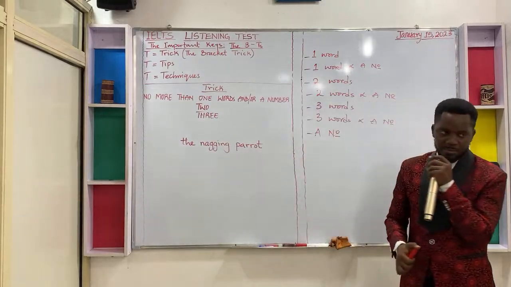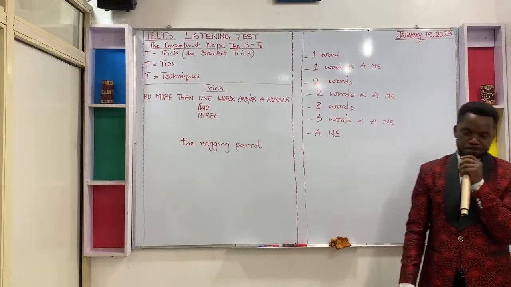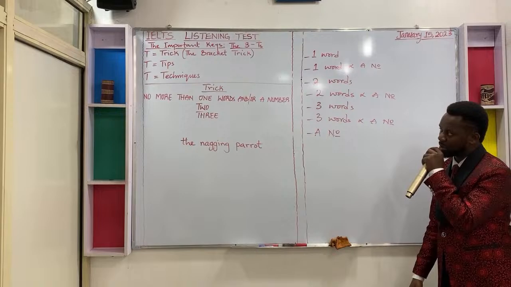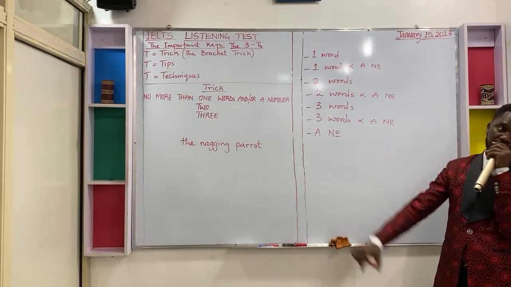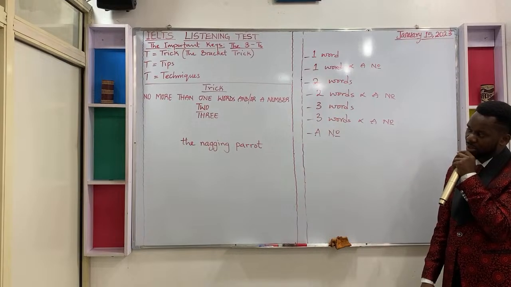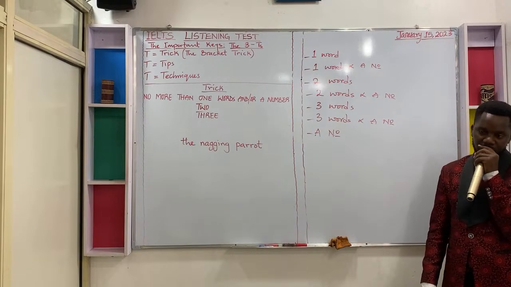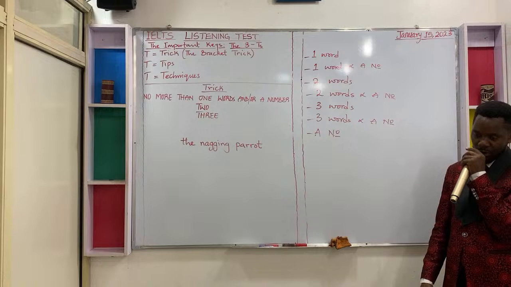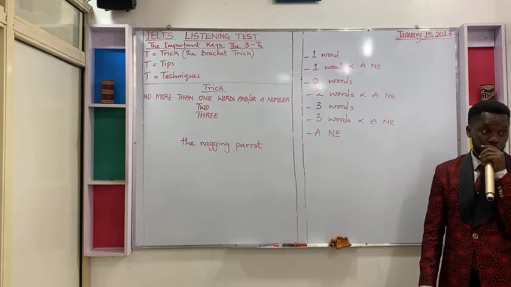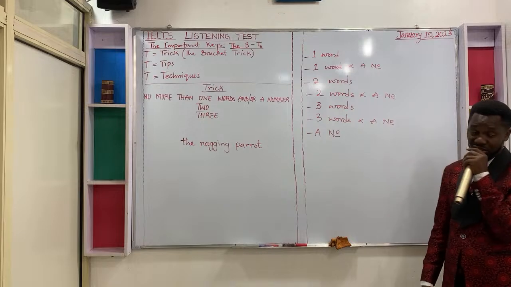The nagging parrot is a 3-word answer. And the 3-word answer is also in line with the instruction, right? But it doesn't mean that your answer must be 3 words. So you want to look for the best way to deploy the bracket trick.